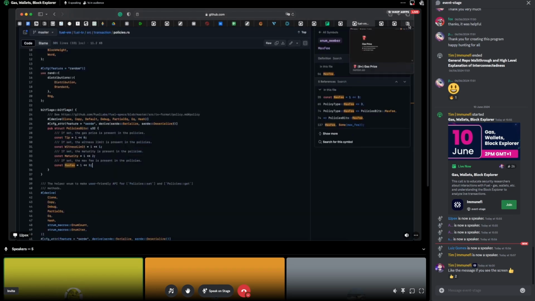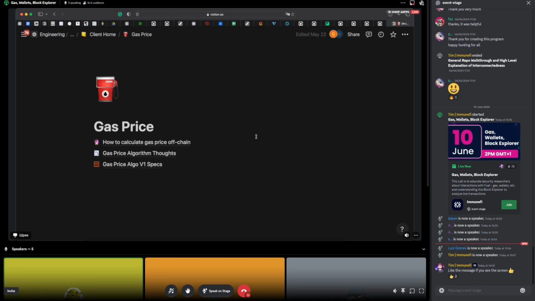And let me briefly mention something regarding gas prices and how they are created. Currently we are using a static gas price in testnet, but it will change in 2 weeks and it will be dynamic.